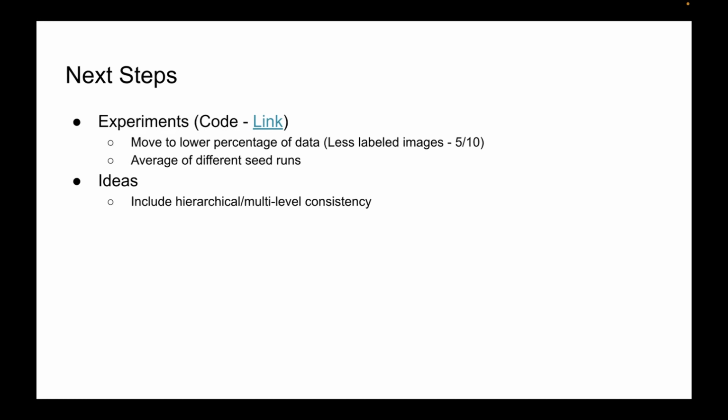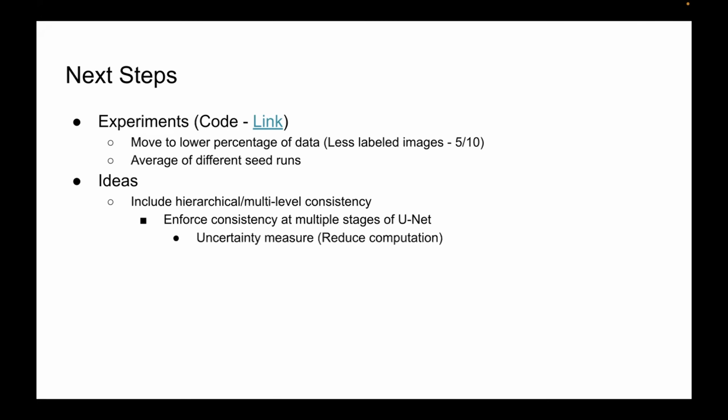I have one idea that I'm trying to work on, which is hierarchical multi-level consistency. It enforces consistency at multiple stages of the UNet, and the difference is in the uncertainty measure. When people do uncertainty measurement, they pass the whole data through the model multiple times.